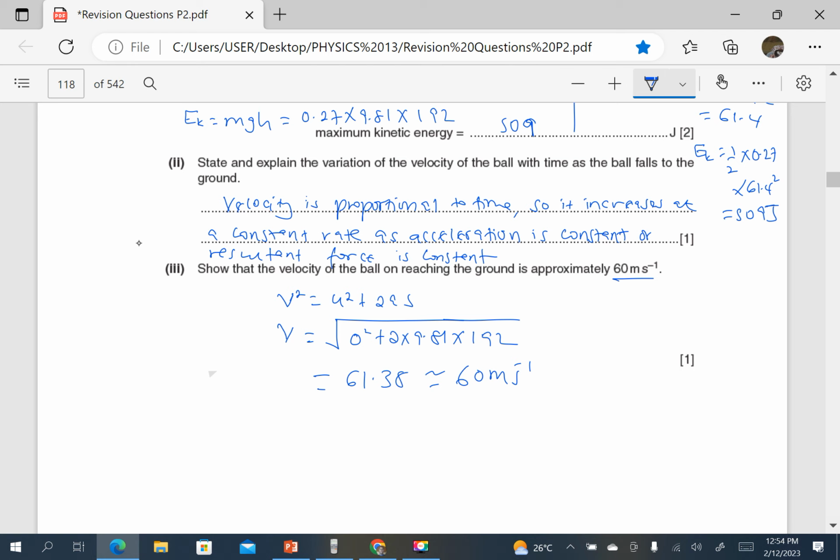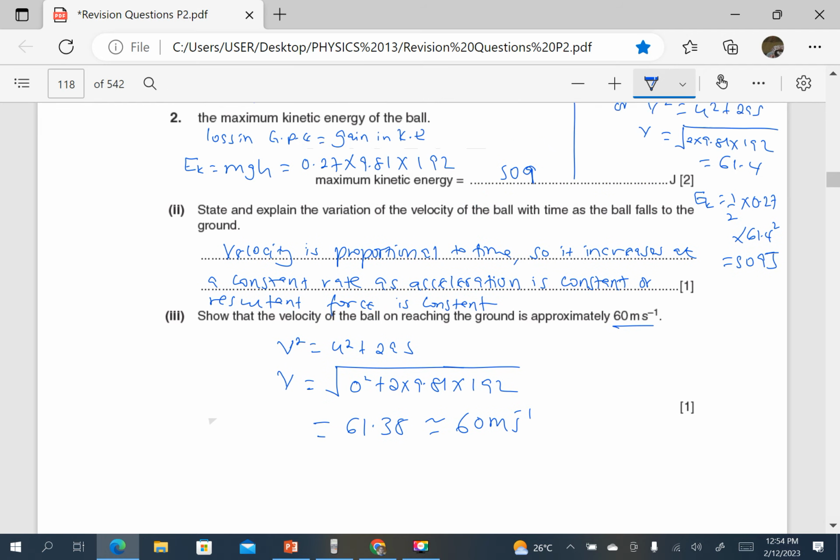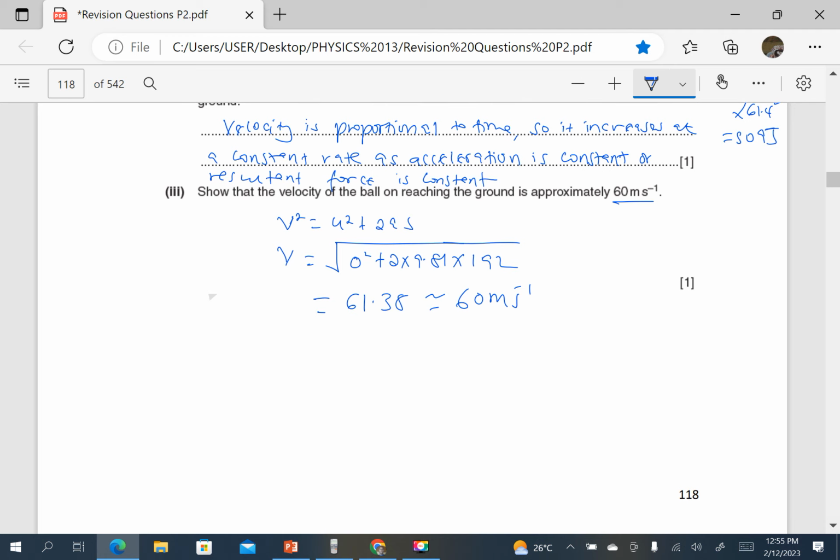Or you would use kinetic energy. Kinetic energy is equal to a half mv squared, and the maximum kinetic energy we have got from above.